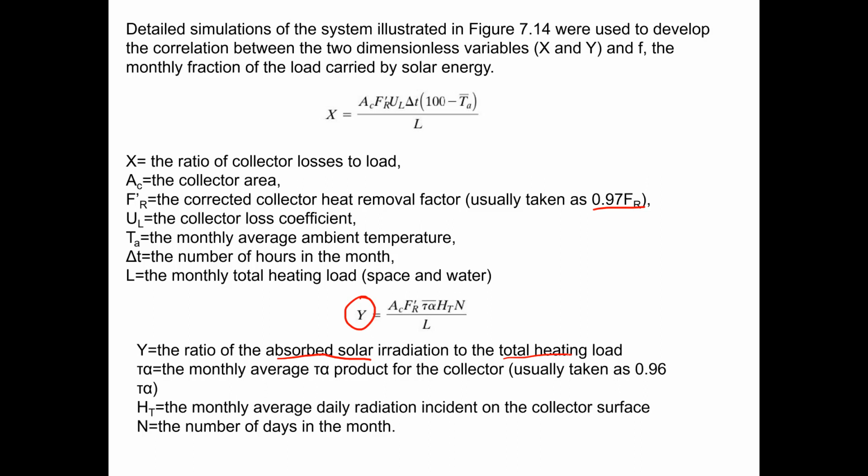And that is a function of tau alpha, the monthly average product of transmissivity multiplied by absorptivity. It's usually taken as 0.96 times the actual transmissivity times absorptivity. Then H_T is the monthly average daily radiation incident on the collector surface, and N is the number of days in a month.